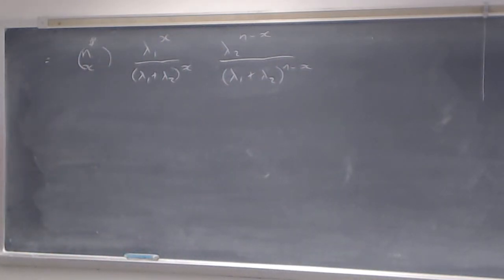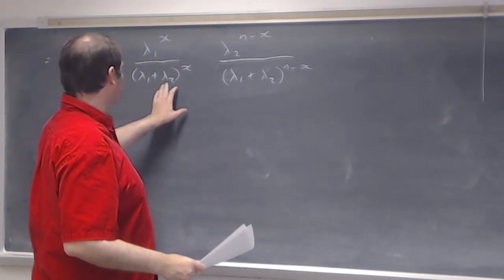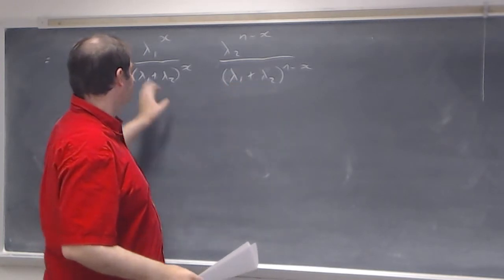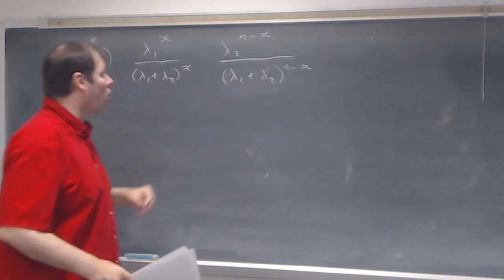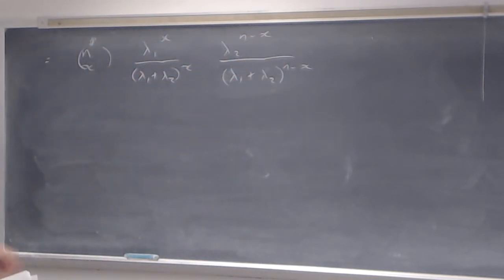But if we look at that, it turns out if you just take lambda sub 1 over lambda sub 1 plus lambda sub 2, and lambda sub 2 over lambda sub 1 plus lambda sub 2, and add those together, you'd get 1. Forget the powers of x and n minus x. You get 1. So let me rewrite one thing.